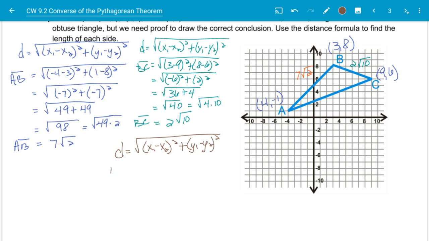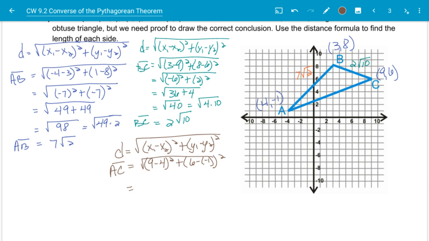So on this one, AC is the square root of 9 minus 4 squared plus 6 minus negative 1 squared.